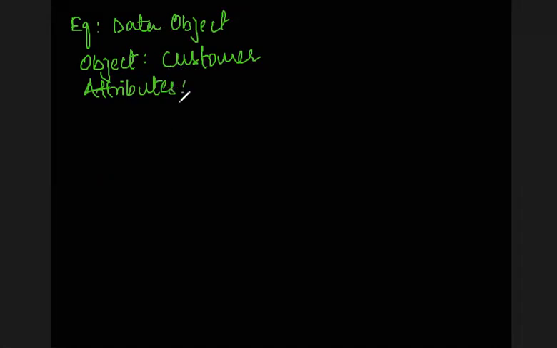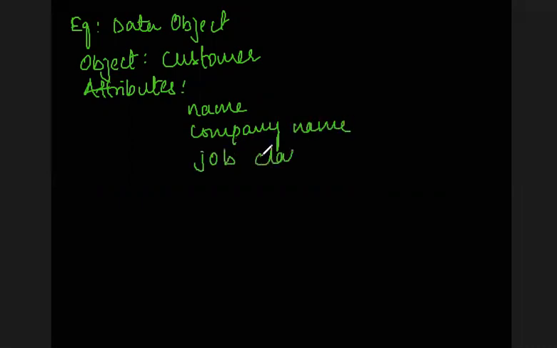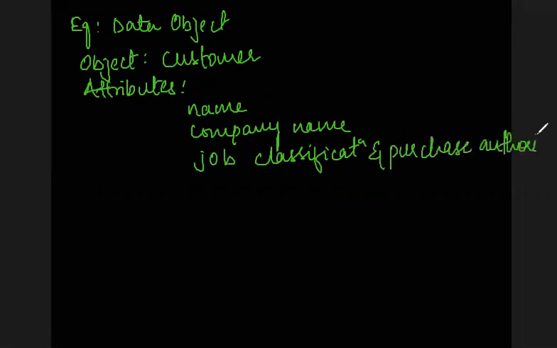These attributes can be the name of the customer, the company name where he is employed, what his job classification is, and purchase authority. That is, what are the authorities for purchasing this particular software by the customer.